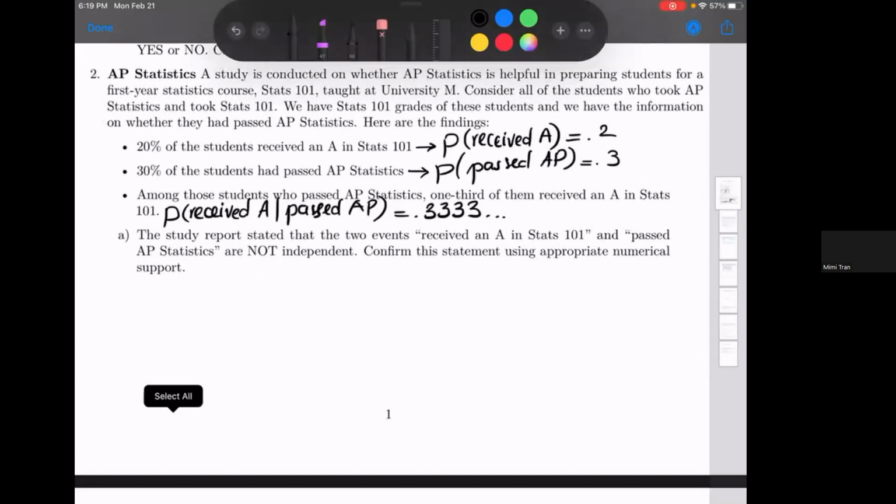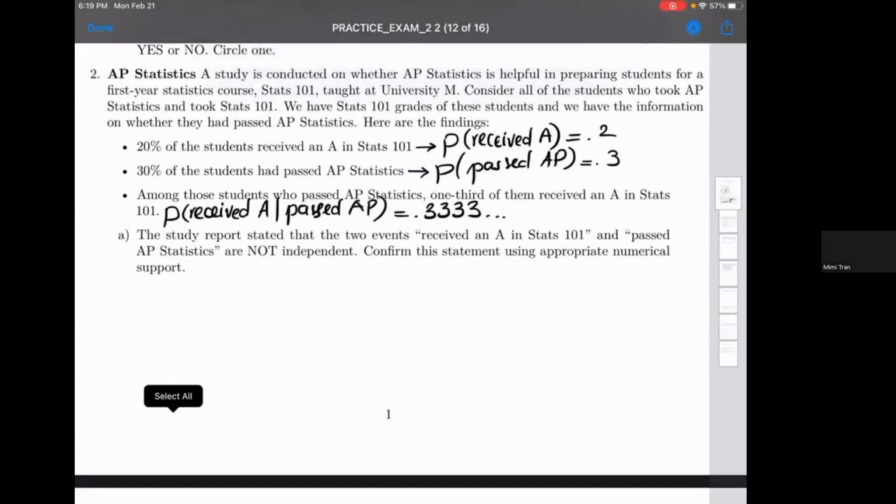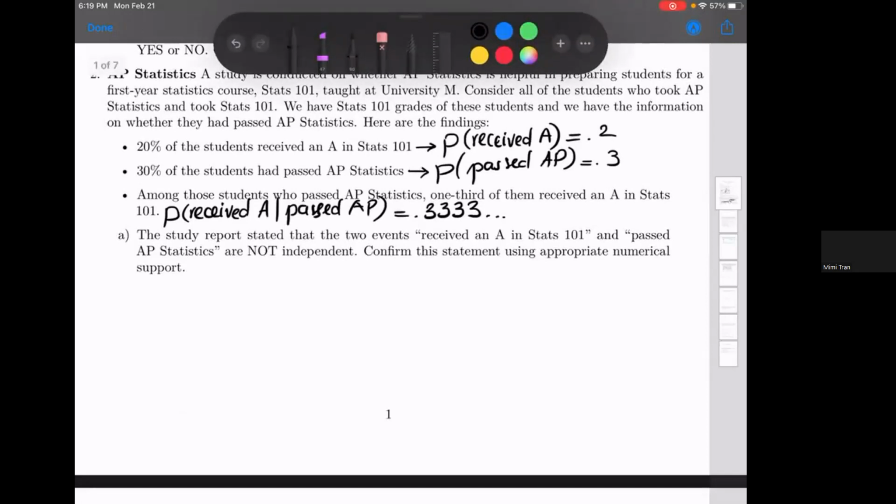How do I prove that something is independent? Can someone remind me of the two options you have? Just generally, it doesn't have to be in context. Can someone remind me how to prove 2 events are independent?